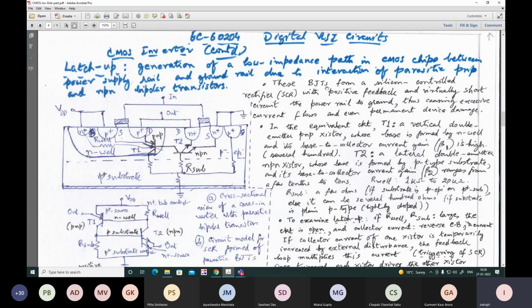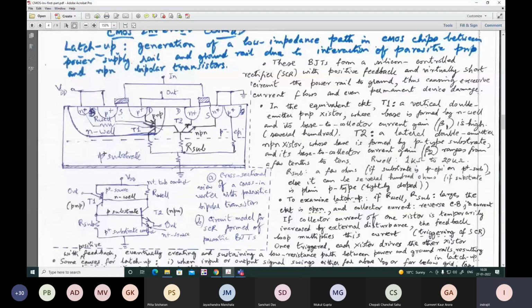And when they become active, they can virtually short circuit the power rail to ground. Then this can cause a huge current flow and eventually they can damage the circuit. But of course, the designers take proper measures in order to reduce their damaging effect. Let us see how.